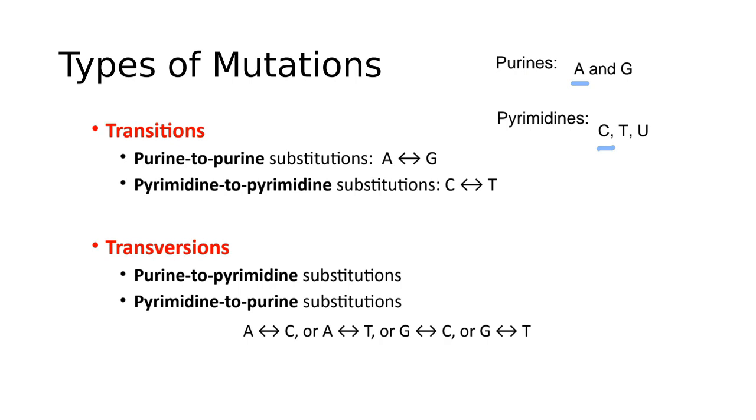That's harder to do by mutation, and because of that, transitions happen far more commonly than transversions. That is something that we will have to take into account later on. All of these mutations are possible, but some of these happen more frequently than others. And it has to do with whether you're keeping the chemical group the same or not.